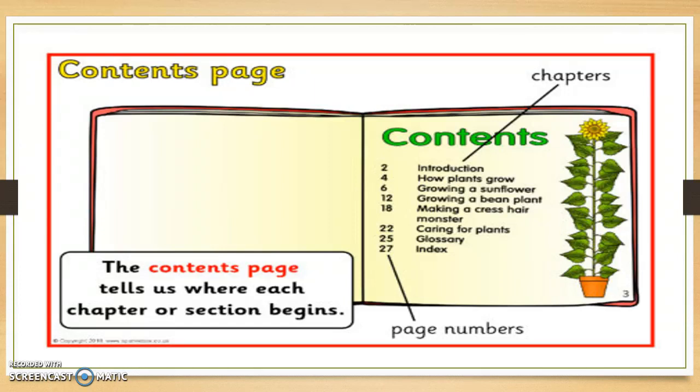It is quite easy to find the exact part of the book we are looking for when we have a table of contents. Unlike a fiction story, non-fiction books are not always read from the front cover straight through. Sometimes you might just be looking for a certain piece of information that may not require you to read the entire book.